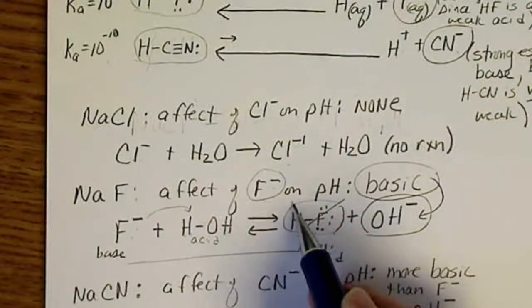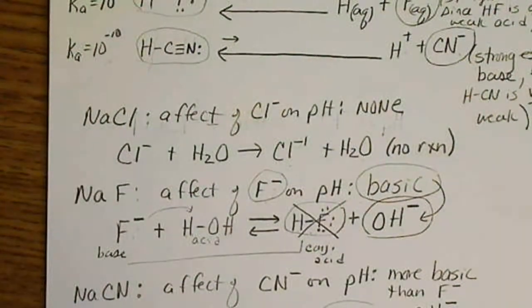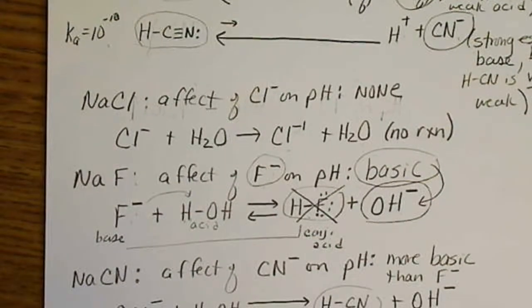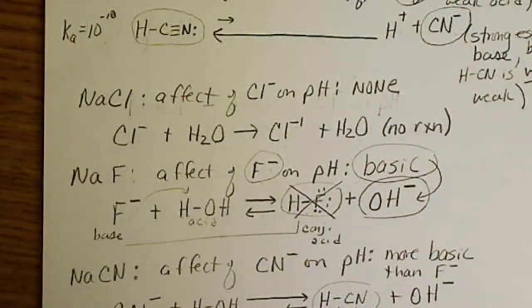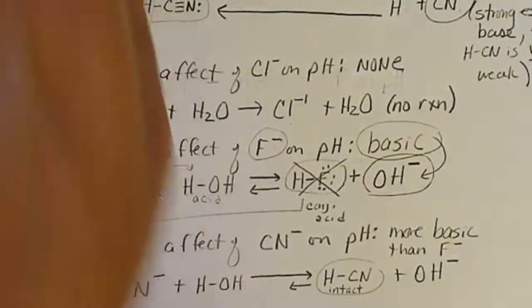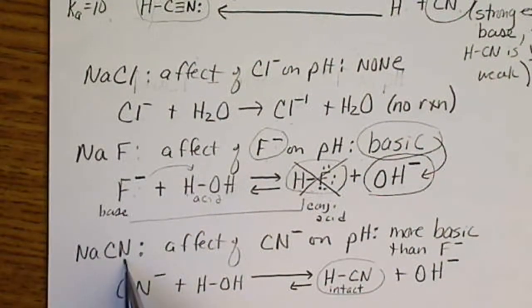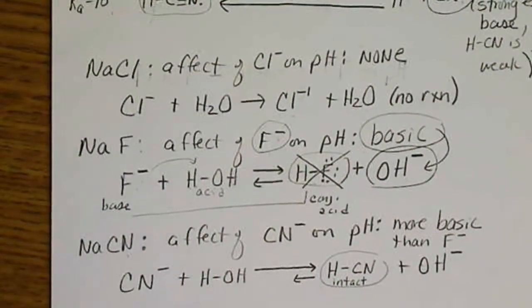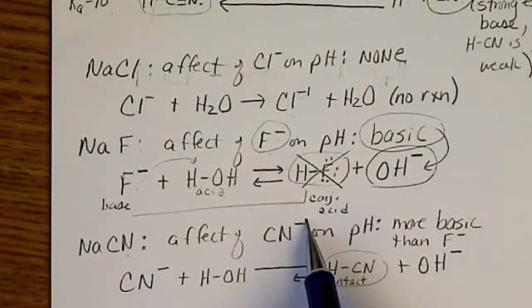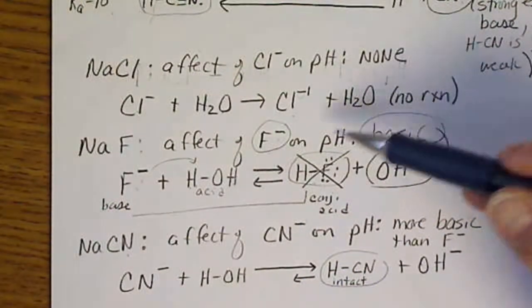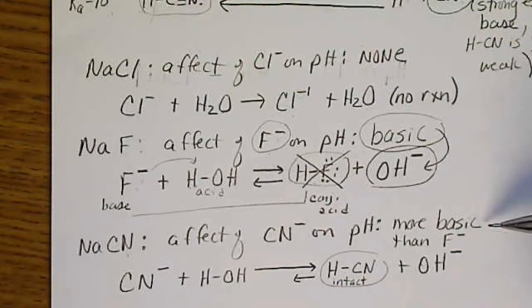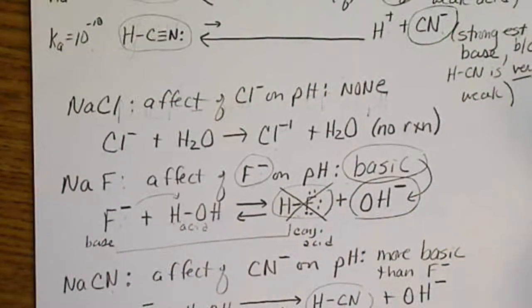Again, this is just an intact molecule. It doesn't have any effect on the pH. And if we look at cyanide, if we put a salt, for example sodium cyanide, in solution, the cyanide ion is going to be a stronger base than the fluoride ion because hydrogen cyanide is a weaker acid.